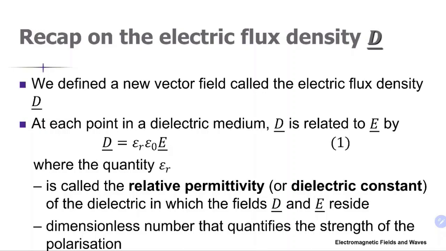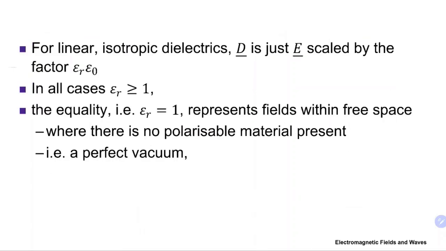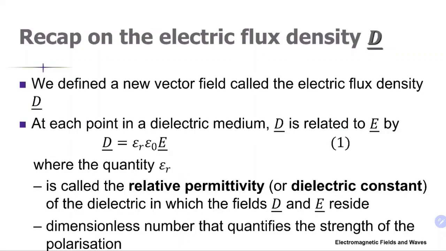Different materials polarize differently, and therefore have a different epsilon r value. That is what we talked about in the last lecture on topic 3. And D is just E scaled by a factor of epsilon r epsilon naught, as shown in equation 1. So D is equal to epsilon r epsilon naught times the electric field.